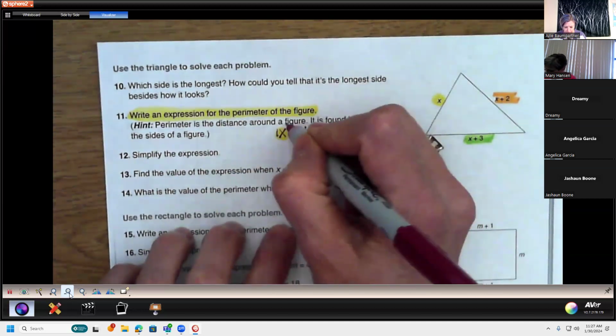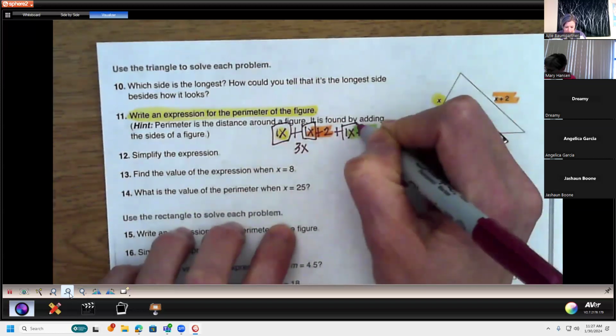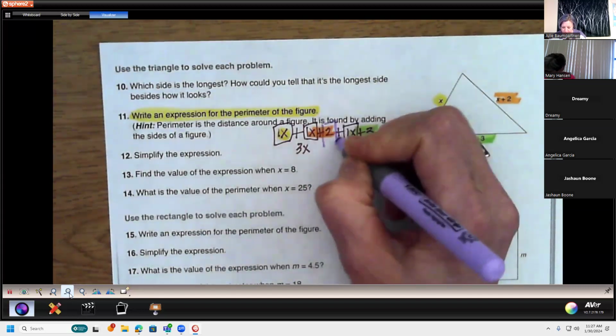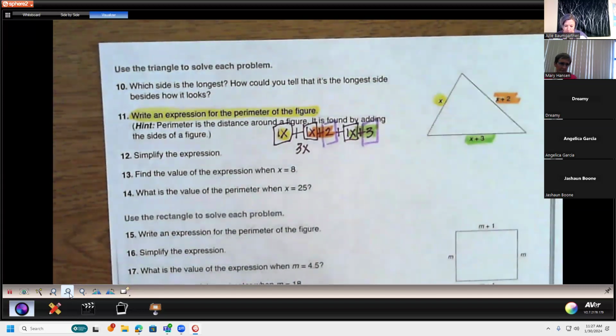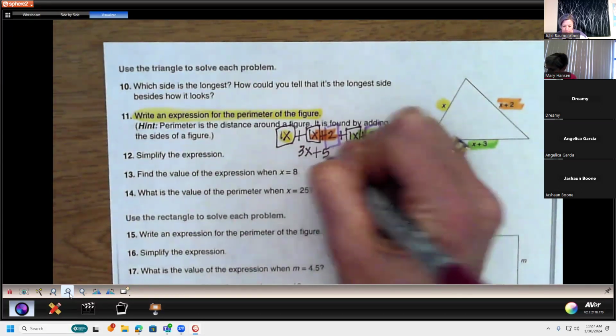Okay, so now we are putting together those that are alike. And then we're going to put together our numbers that are alike. And so our 2 plus 3 is 5.